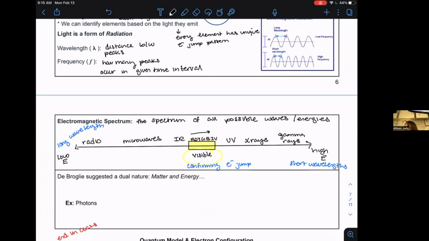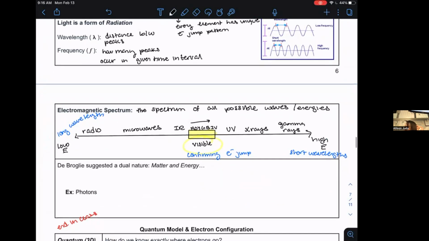And by the way, there's a really important principle that goes along with this. Okay, because I've been talking about already this idea that light is a wave, but light can be absorbed as a particle. This discovery also revealed a very unique principle known as de Broglie, because he was a scientist, who suggested a dual nature, that matter and energy are actually essentially the same.